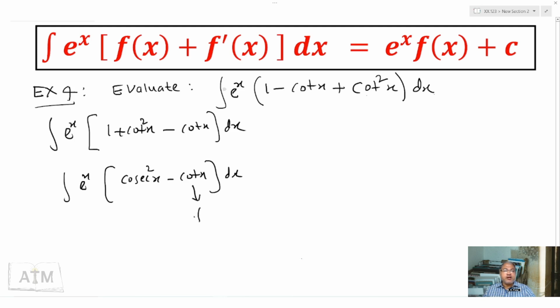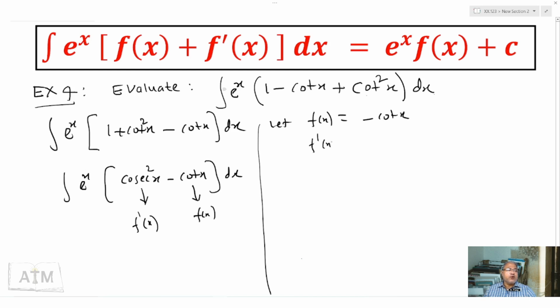Cot x is f of x, and the derivative of cot x is nothing but cosec square x, so this becomes f dash x. So let f of x equal to minus cot x. The derivative of minus cot x is nothing but minus cosec square x, that is equal to plus cosec square x.